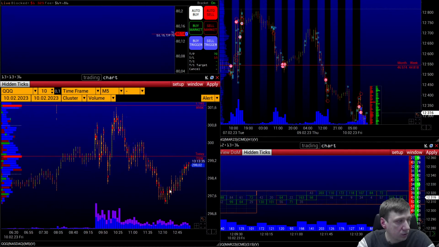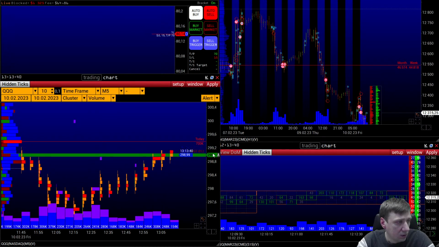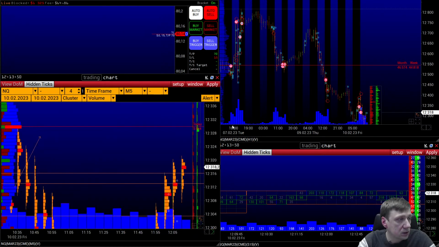On the QQQ we can see really good volumes as well on the top of this move. Actually it's similar to what we have seen on the Nasdaq.